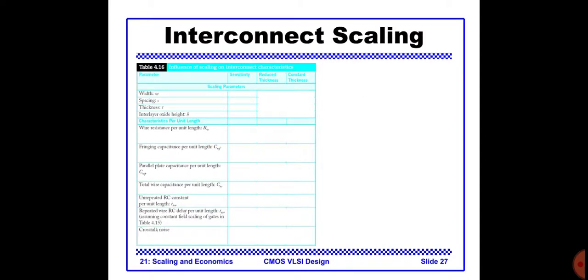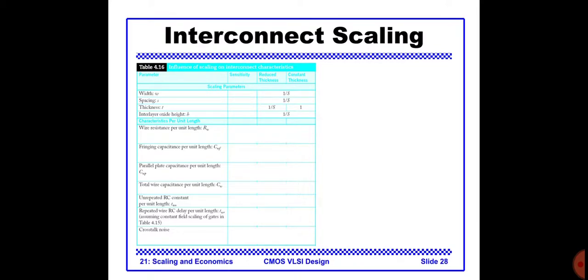The interconnect scaling is based on the width W, spacing S, thickness T, interlayer oxide height, wire resistance per unit length, fringing capacitance per unit length, parallel plate capacitance per unit length, total wire capacitance per unit length, unrepeated RC constant per unit length, repeated wire RC delay per unit length, and crosstalk noise.